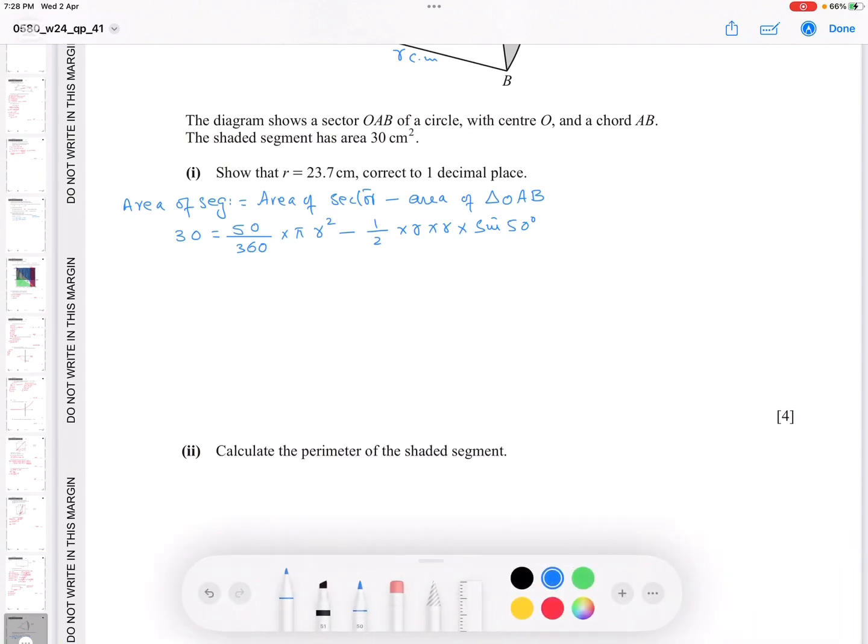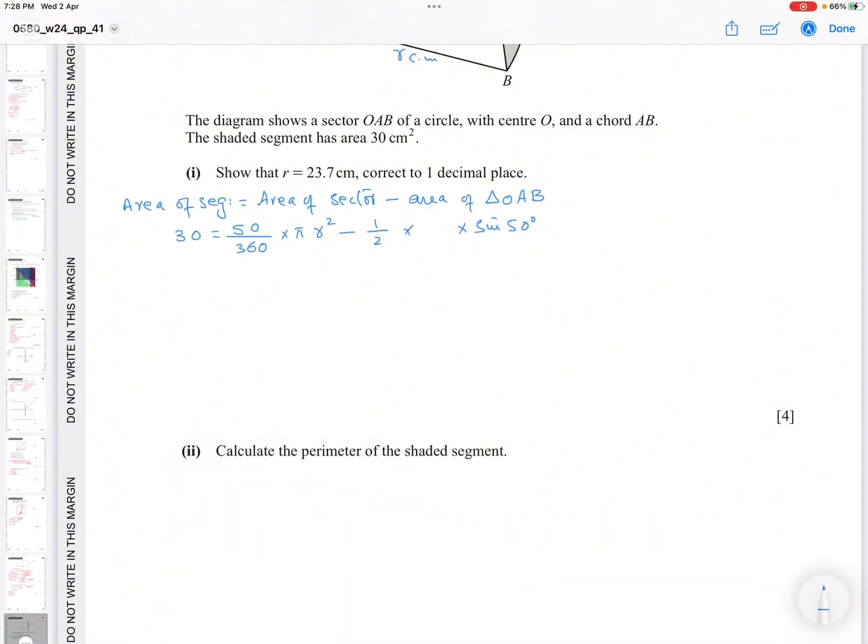R into r means r squared. So 30 equals 50 over 360 into pi.